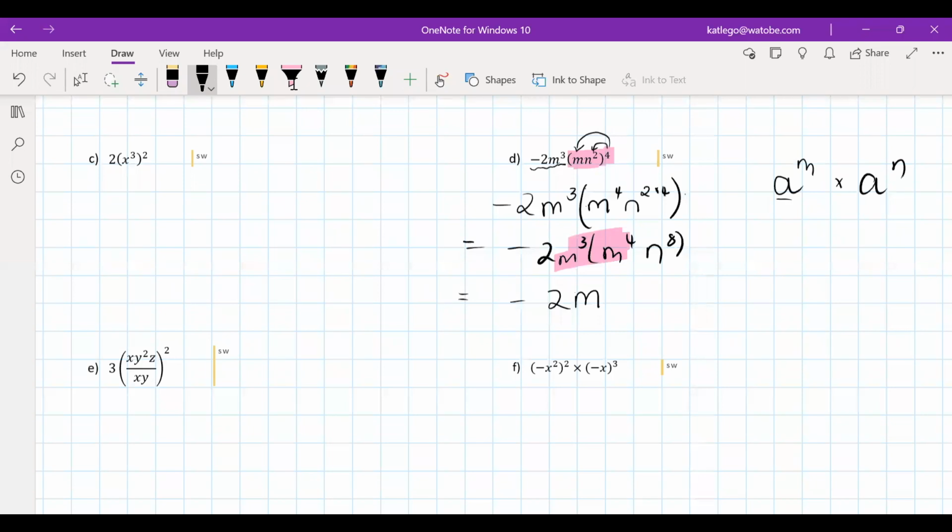You have two of the same base and you are multiplying, then you add. We are adding exponents. So we're going to say m to the power 3 plus 4. Brilliant. And then we just simplify. So it'll be negative 2m to the 7 n to the 8. Thank you very much, Spiwe.